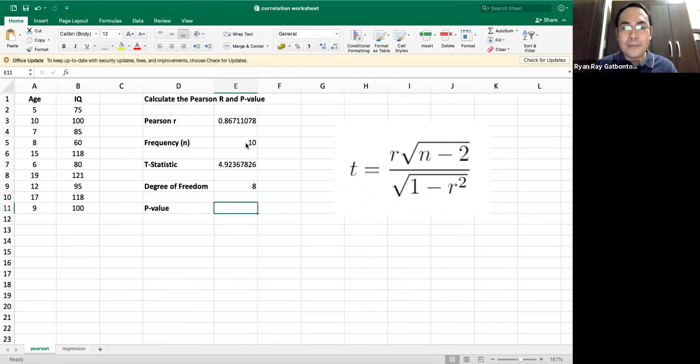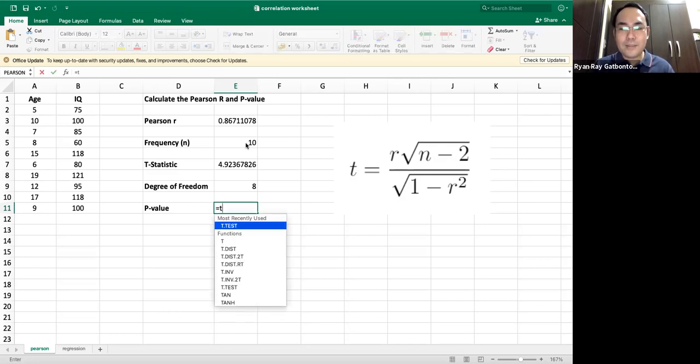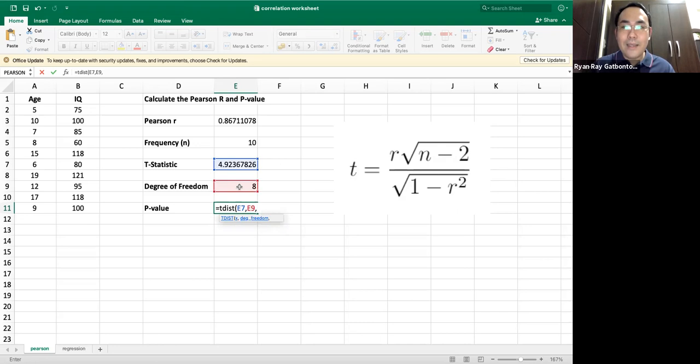To get the p-value, we just type the t-distribution formula, which is T.DIST, open parentheses, select the x value, which in this case is your t-statistic value, comma, select the degree of freedom, which is 8, comma, and since we established in our third step that we will use a two-tailed test, we type there 2.